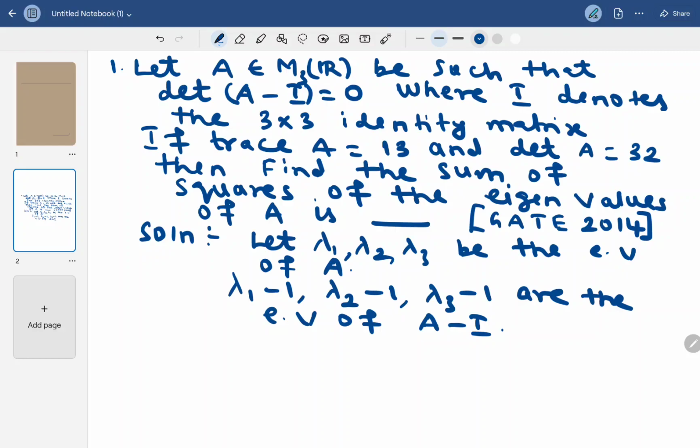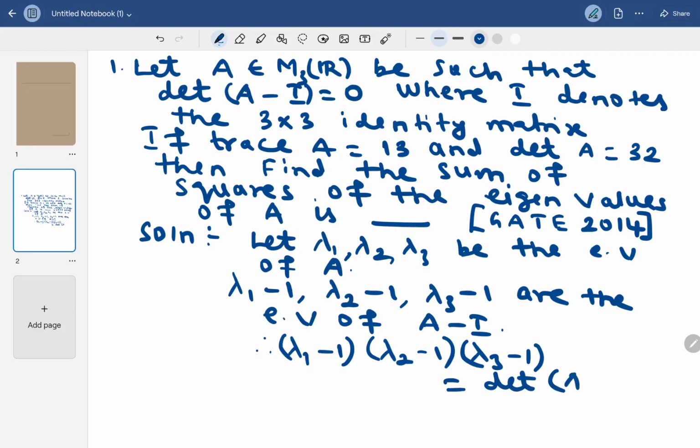Another result: the product of the eigenvalues is equal to the determinant. Therefore, lambda 1 minus 1 into lambda 2 minus 1 into lambda 3 minus 1 equals determinant of A minus I. It is given that determinant of A minus I is 0.